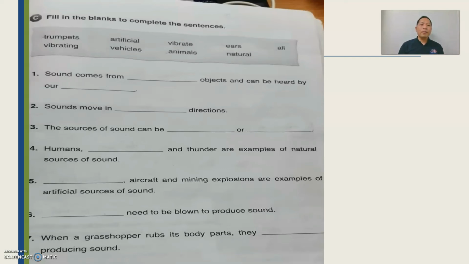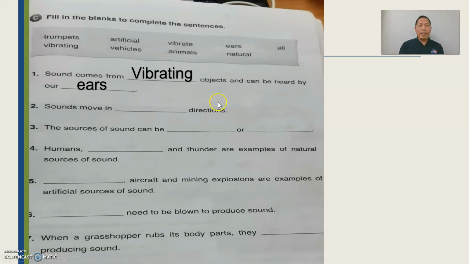Sound comes from blank objects that can be heard by our blank. The first answer is vibrating objects that can be heard by our ears. Now the second one, third, fourth, fifth, sixth, seventh, you can find the answer.